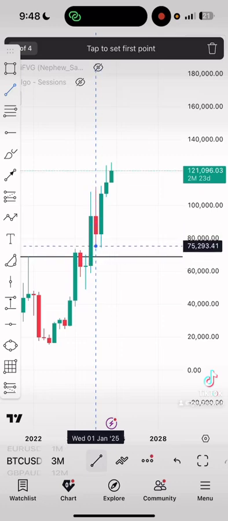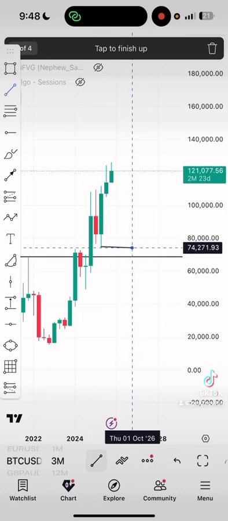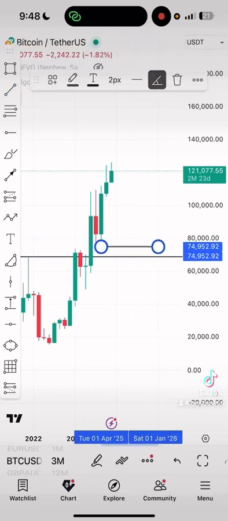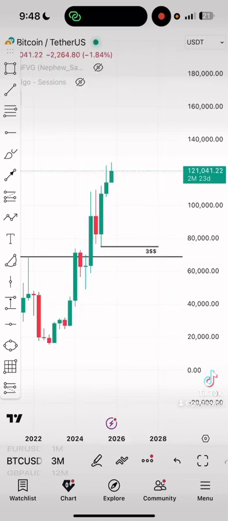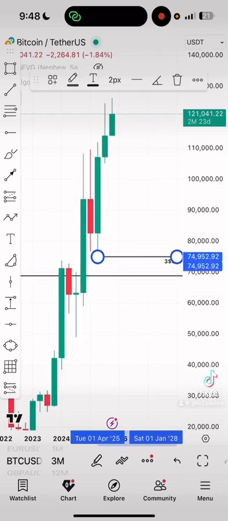Personally I'll be waiting for price to come back into this 3-month swing point right there, because that swing point was the swing point that was left behind inside this fair value gap.